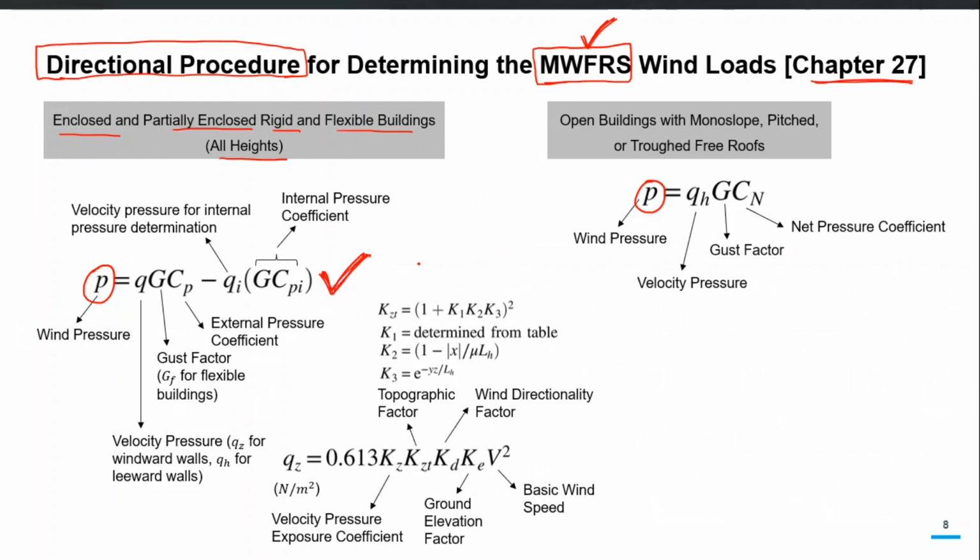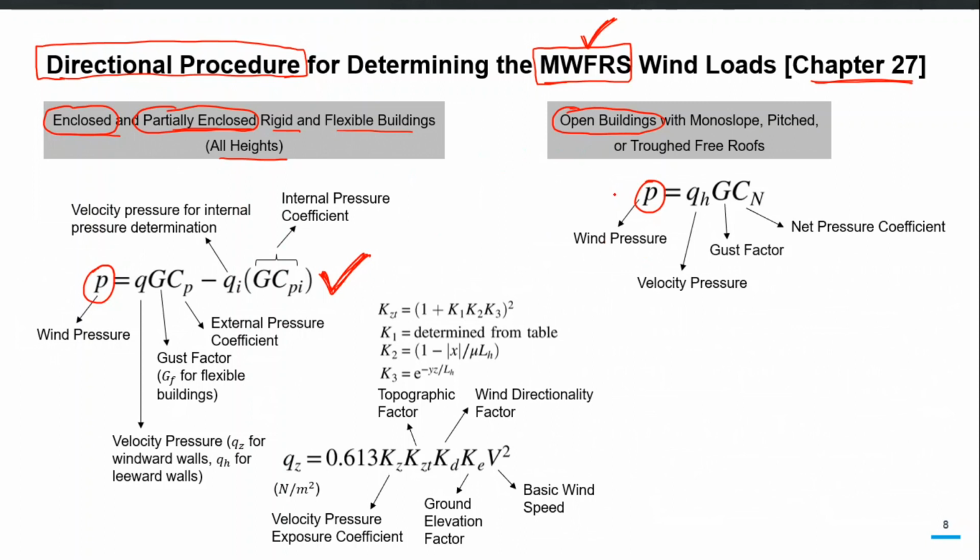Obviously there will be a step during the process where we will classify our building in any of these three categories: enclosed building or partially enclosed building, and then third category is the open building. So this is called enclosure classification, and we will perform that classification, and there is a very specific guideline about how to classify our building in any of these three categories.